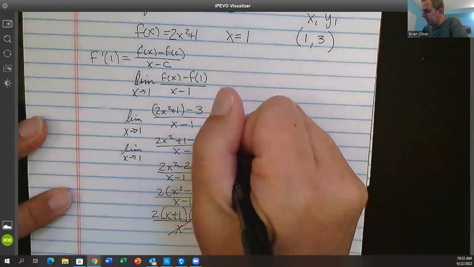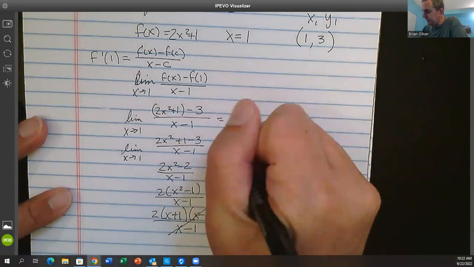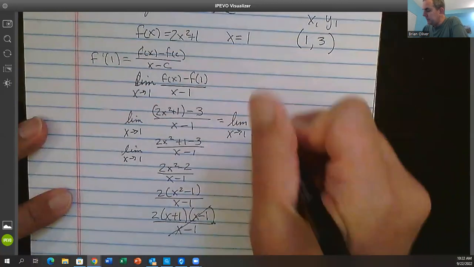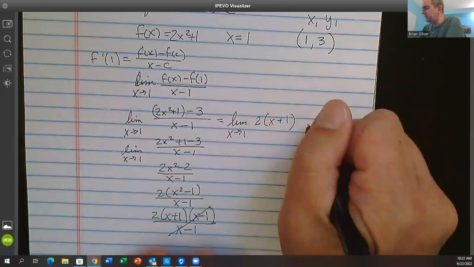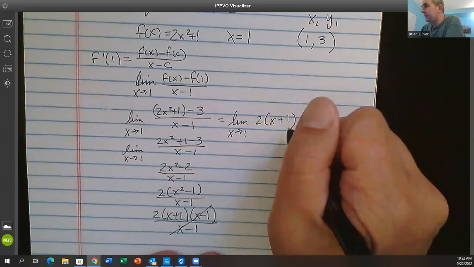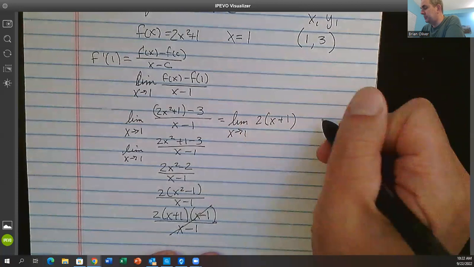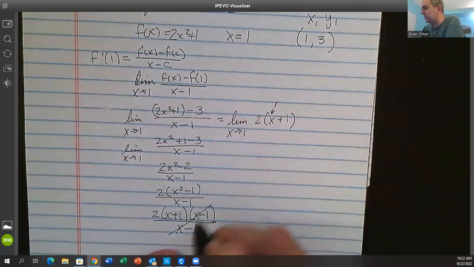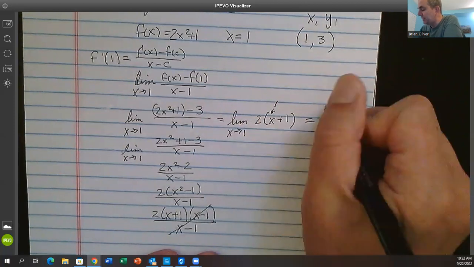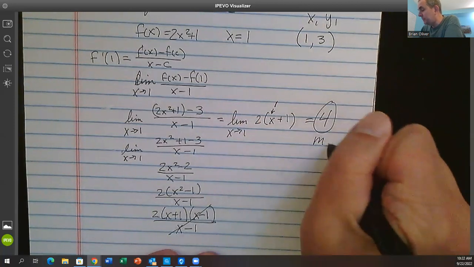Cancel those out, and this becomes the limit as x approaches 1 of 2 times x plus 1. Remember, the rule is always try substitution first. If I substitute 1 for x, I get 1 plus 1 is 2, times 2 is 4. That's my slope.